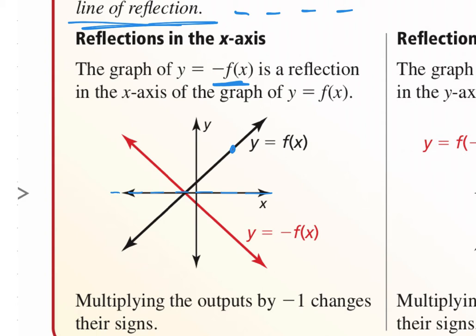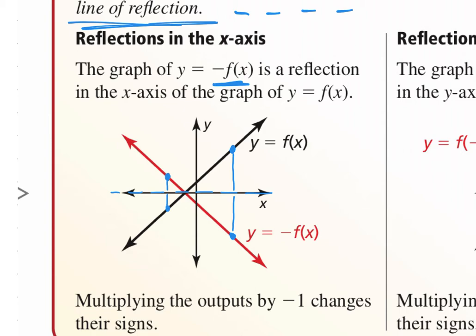The point on the red line is exactly the same distance, but on the other side of that line of reflection. Let's take a point down here. We're reflecting that point all the way over the line of reflection to the same distance on the other side. So essentially, if you do that for every single point of the black line, you end up with the red line, where you flipped it over the x-axis.